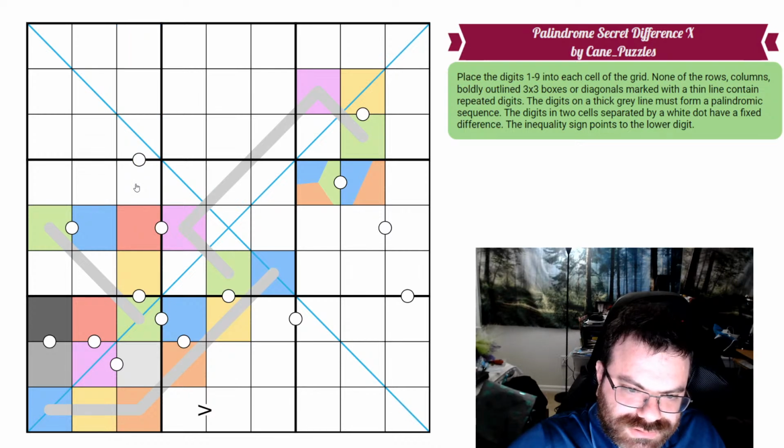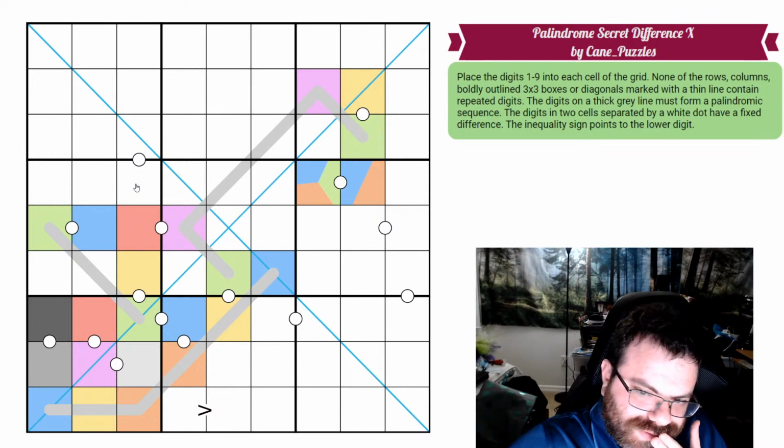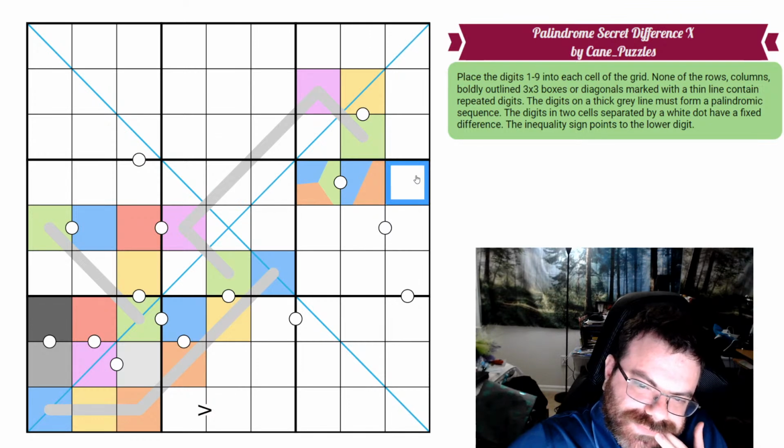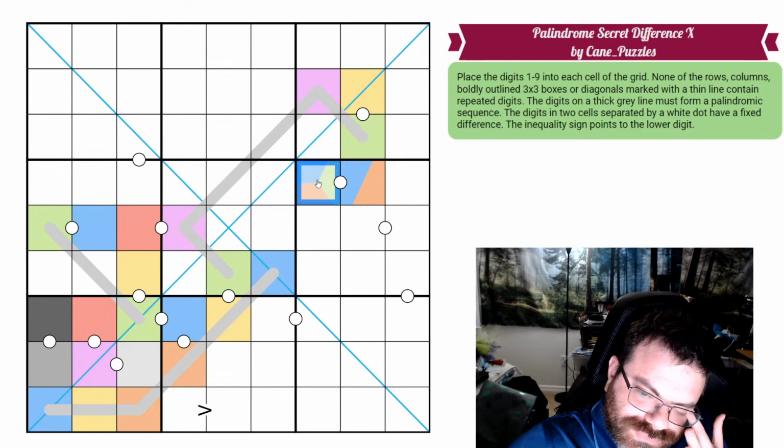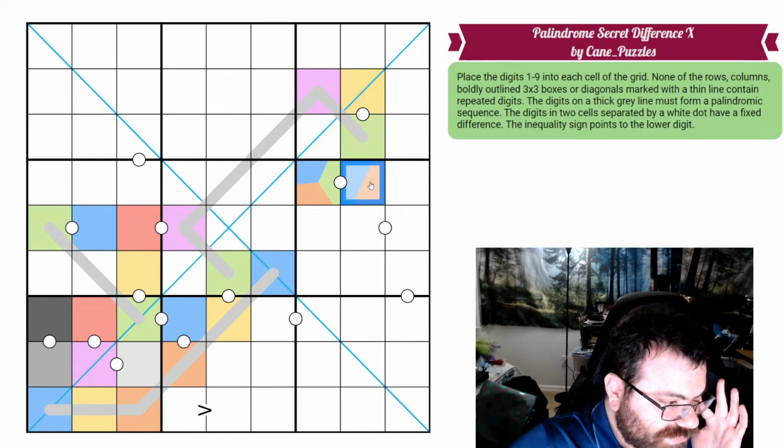So if this were blue, this would be green. And then green can only attach to blue or yellow. And it wouldn't be able to be either of them.